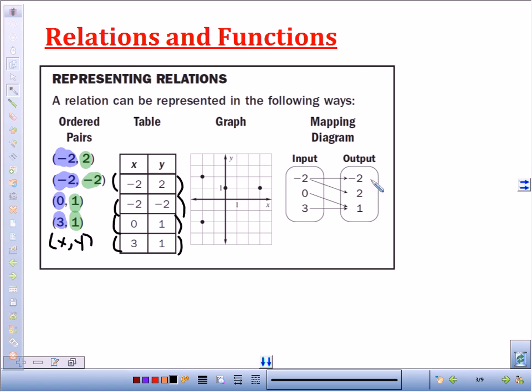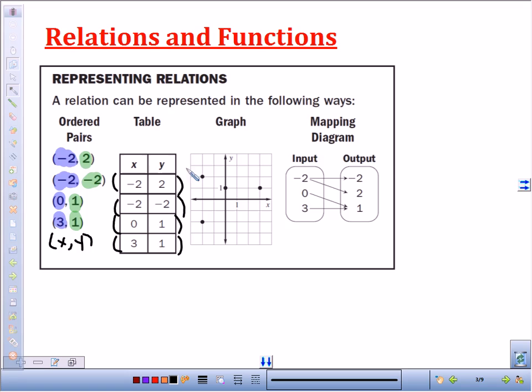Now the last way you might see it is as a mapping. A mapping is generally a couple of ovals or squares or circles with the numbers being listed inside. Now as you can see, these numbers, -2, 0, and 3, are the same as my numbers here. The -2 is repeated in my ordered pairs and on my chart, so it's only listed once on the mapping diagram. 0 and 3 both show up.